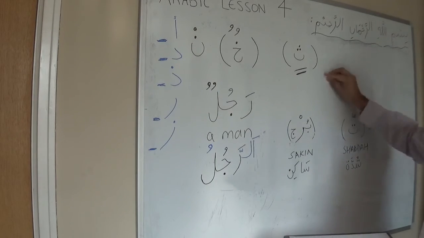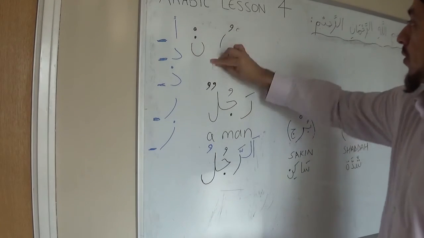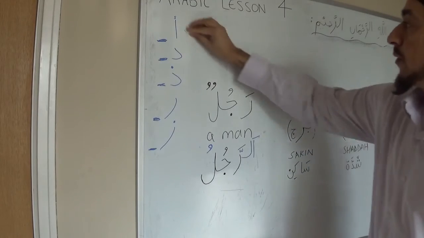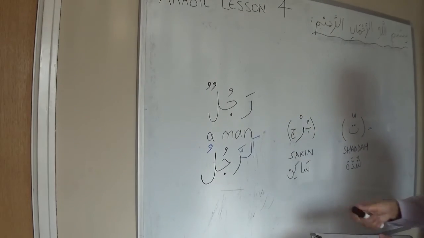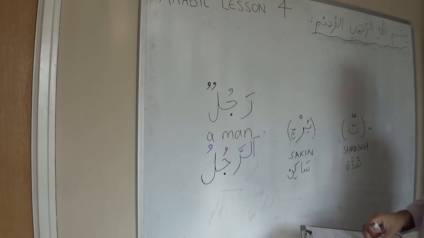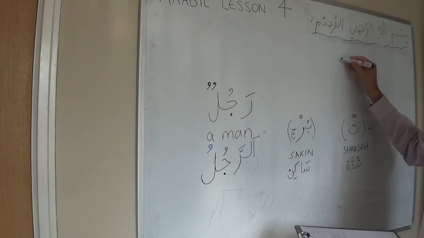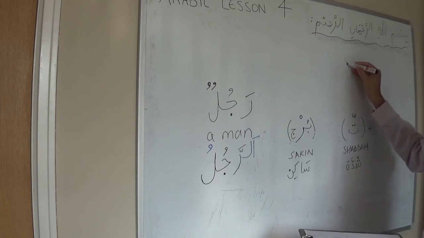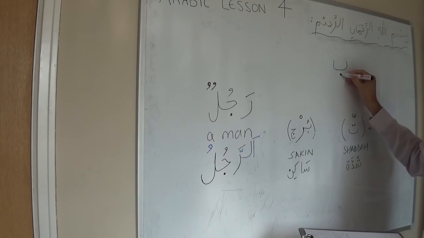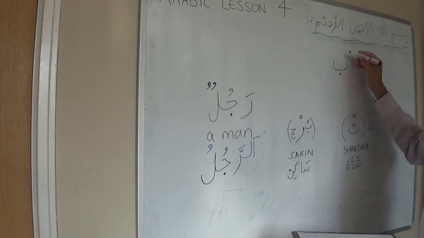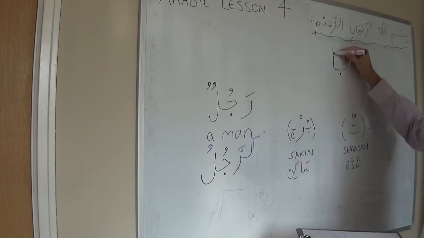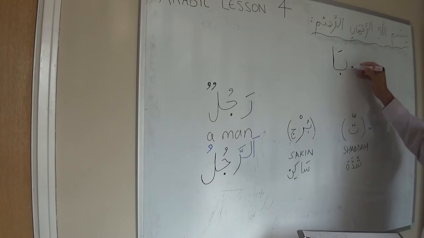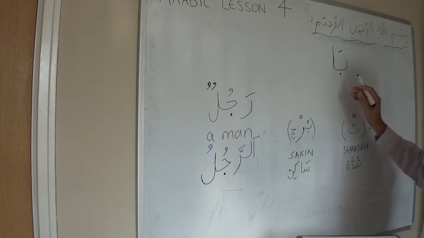So just doing the top part again. We have a letter ba, and if an alif was joined to it, it would make it long with a fatha. Ba, so it's made it longer now.